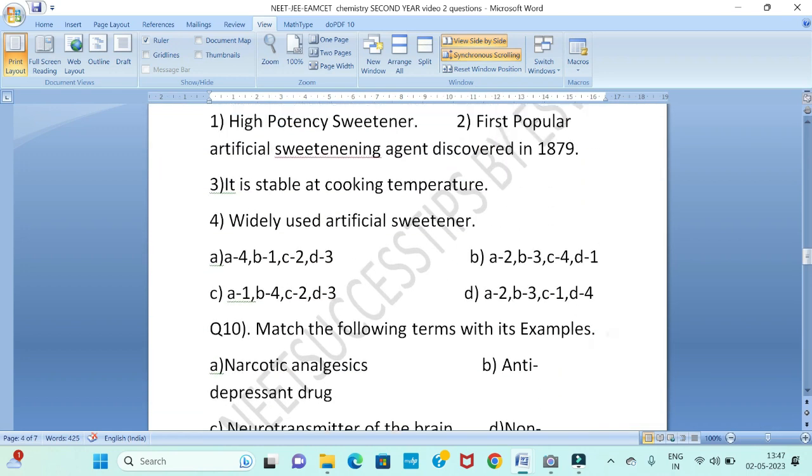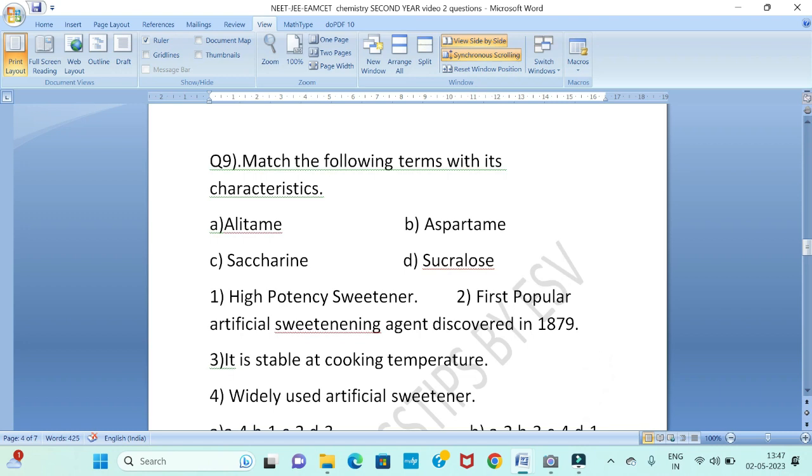Match the following terms with their characteristics: alitame, aspartame, saccharin, sucralose. Hypotensive sweetener, first popular artificial sweetening agent, suitable and stable at cooking temperature, widely used artificial sweetener.